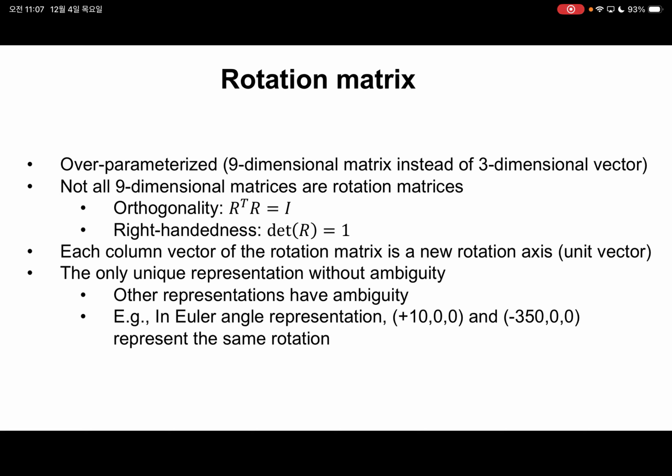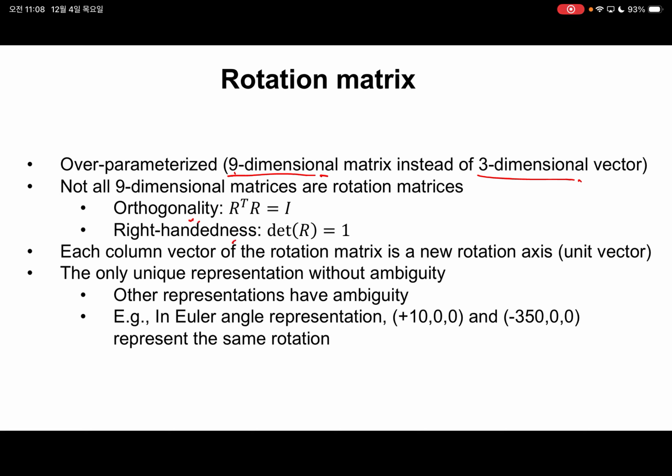So the rotation matrix is over-parameterized. 9 dimensions. We are only interested in 3-dimensional space, but the rotation matrix is a 9-dimensional matrix. So it's over-parameterized, right? That means not all 9-dimensional matrices are rotation matrices. First, it needs to satisfy orthogonality. R transpose R should equal the identity matrix. That is an orthogonal matrix.